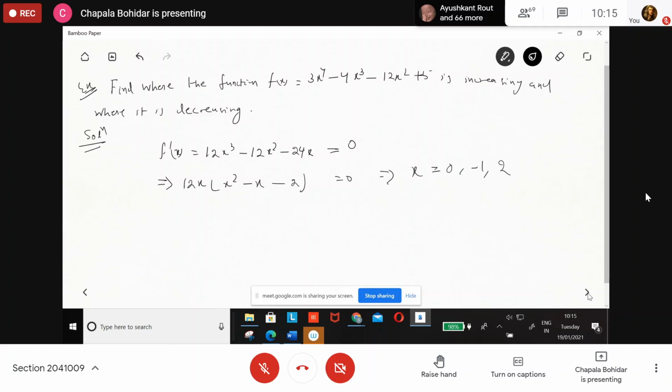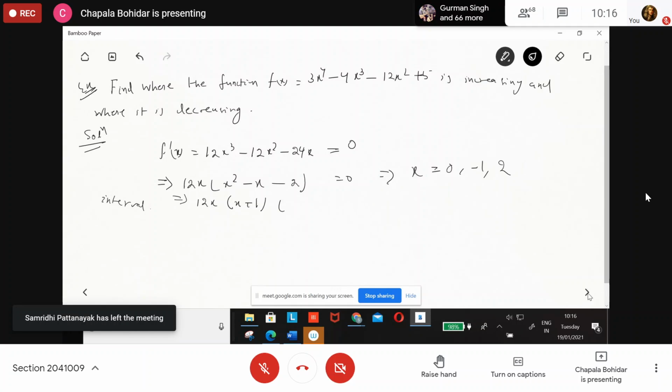What is our domain here? All real numbers. Yes, it is all real numbers. So to find the intervals, first I am writing the factors: 12x(x + 1)(x - 2) = 0.